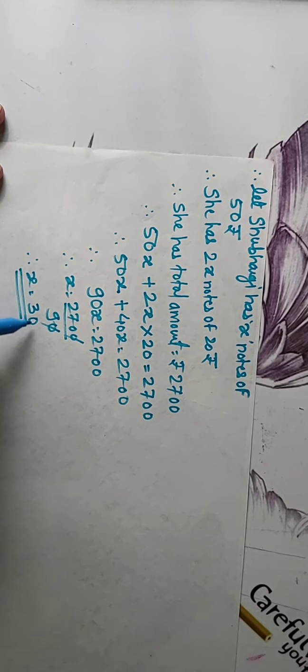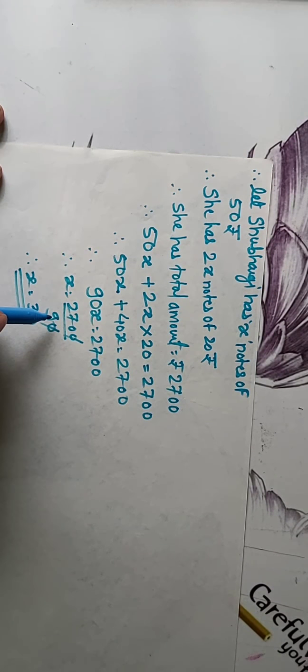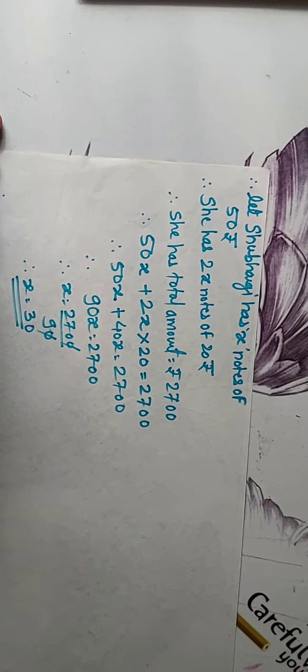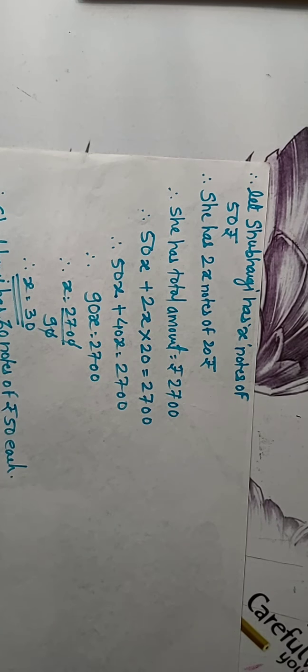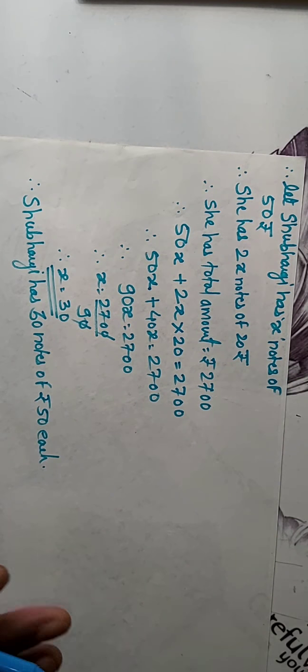So x is equal to 30. Therefore we'll write in a full sentence: Shubhangi has 30 notes of rupees 50 each. Okay, now you can take a screenshot and write it this way.